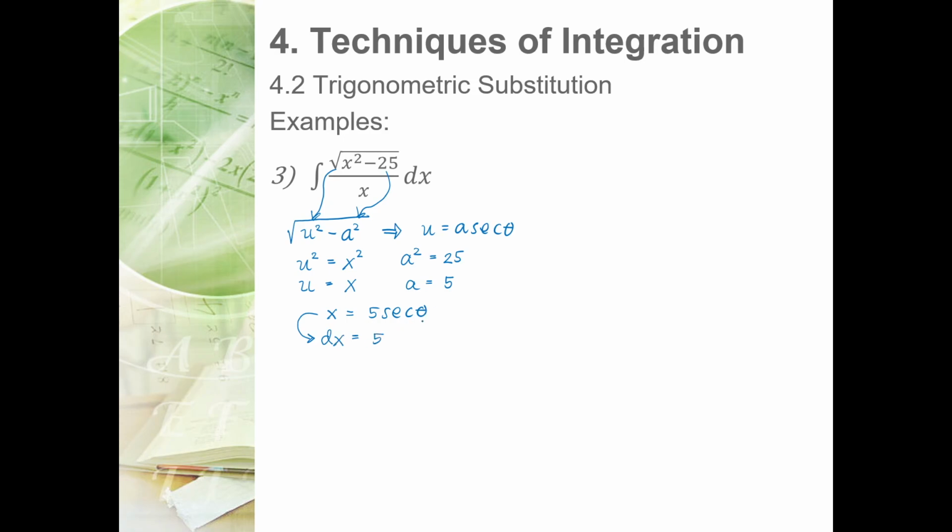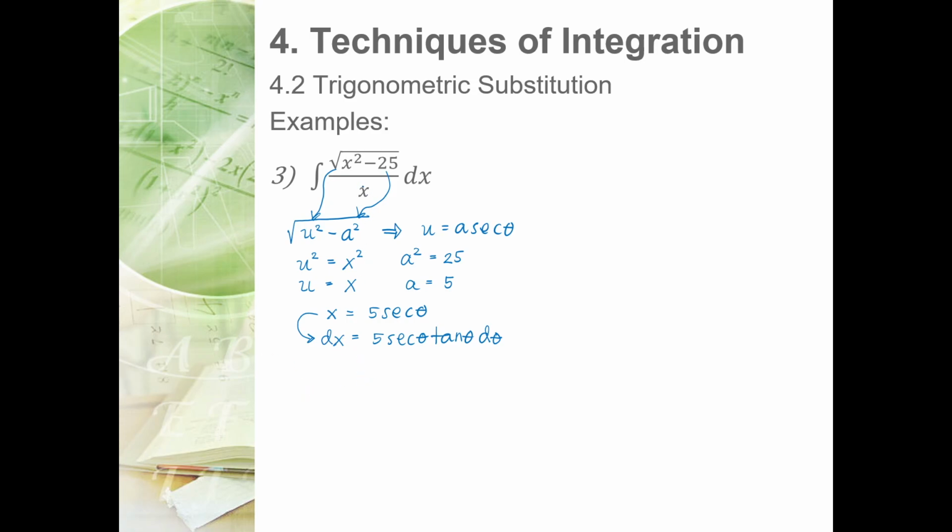So what is the derivative of secant? The derivative of secant is secant theta tangent theta d theta, right? Because the derivative of tangent is secant squared.